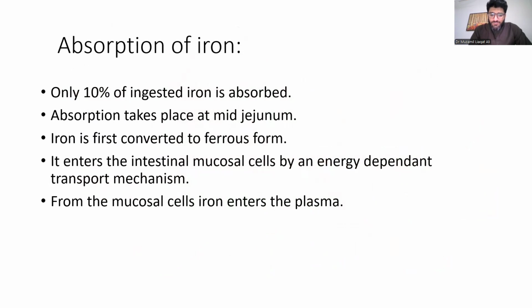Iron is first converted to the ferrous form, Fe2+, which is the form that can be absorbed. It then enters the intestinal mucosal cells by an energy-dependent transport mechanism. From the mucosal cells, iron enters the plasma. This process is carefully regulated to prevent iron overload.